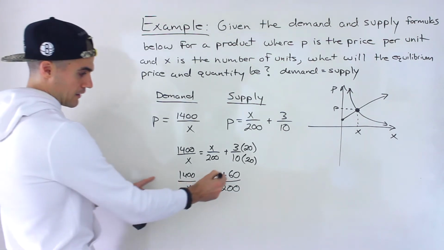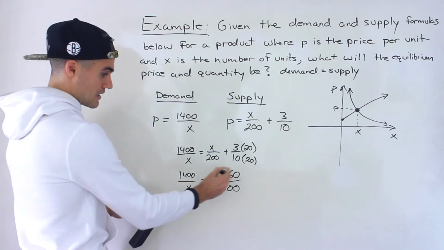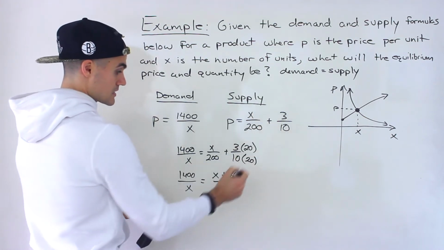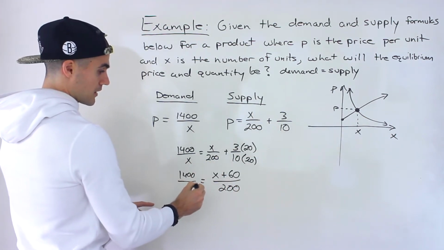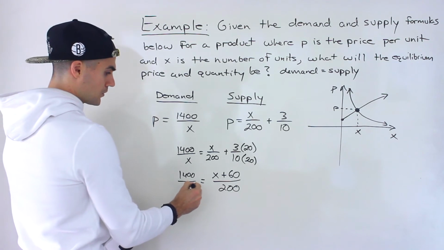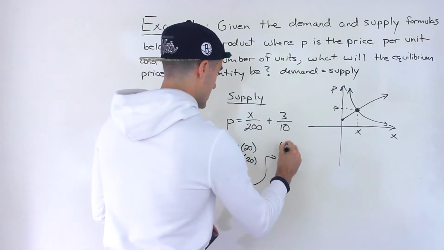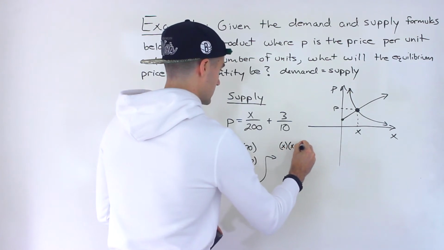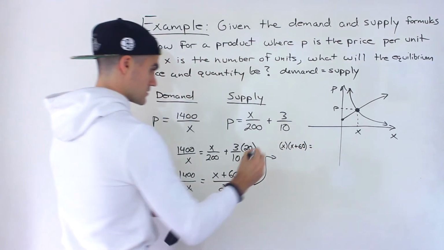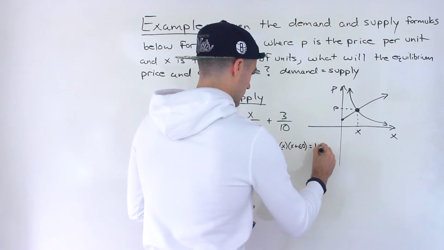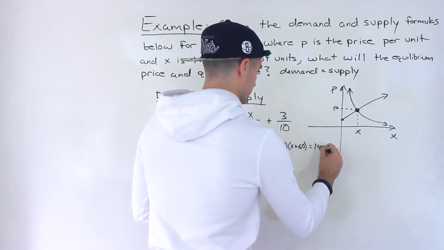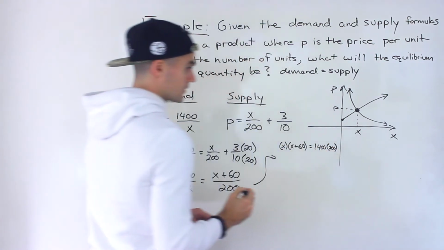From here, now we have one fraction on each side. Notice how this is the exact same thing as this, but now we can cross multiply. So bringing this over here, we'll have x times x plus 60 equals 1400 times 200.